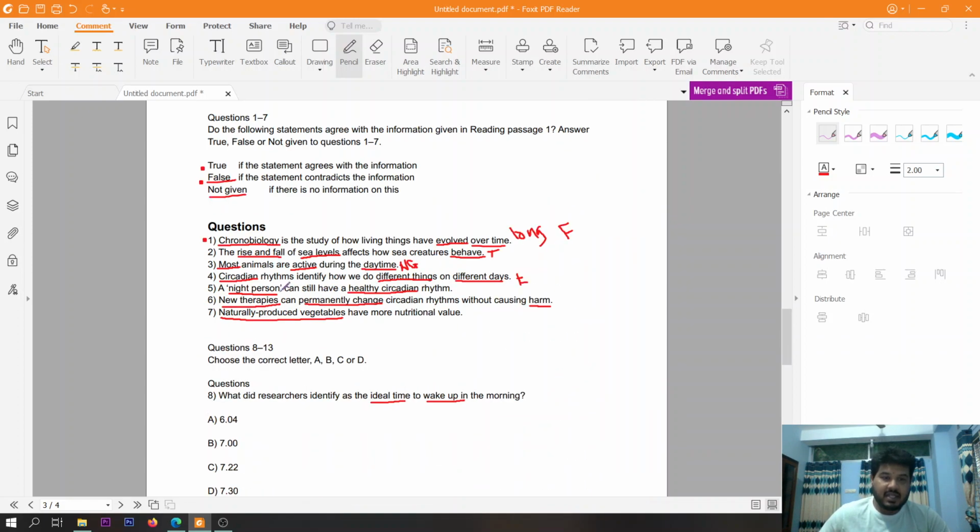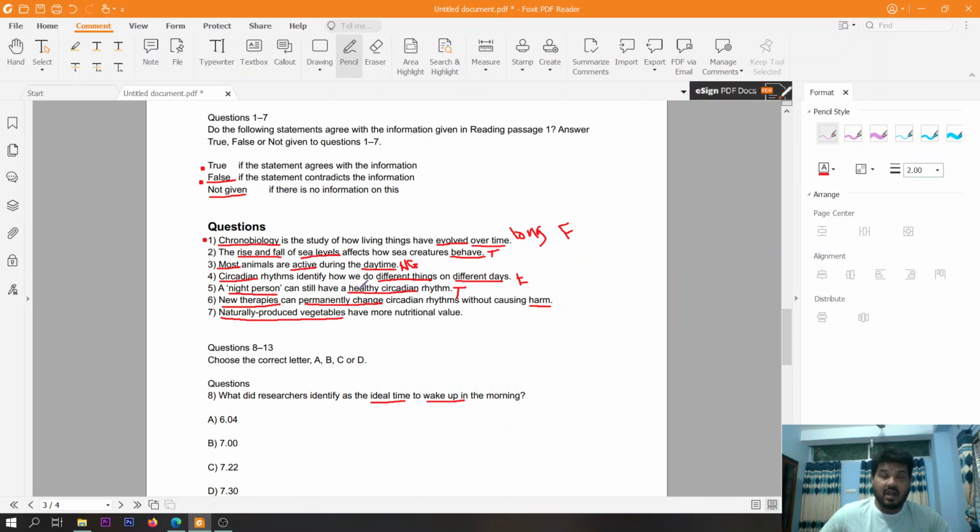So here it says a night person can still have a healthy circadian rhythm, and that is actually true, because there is no particular harm here. So definitely we can say that it's true.